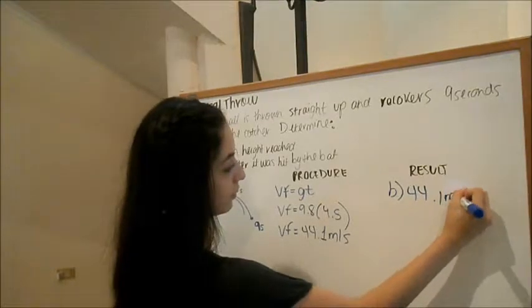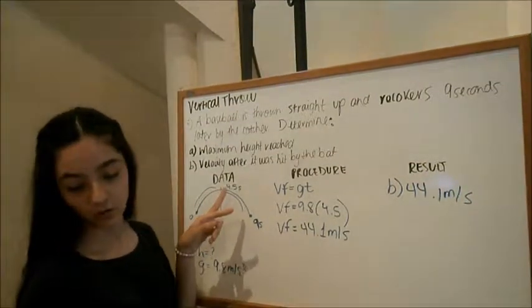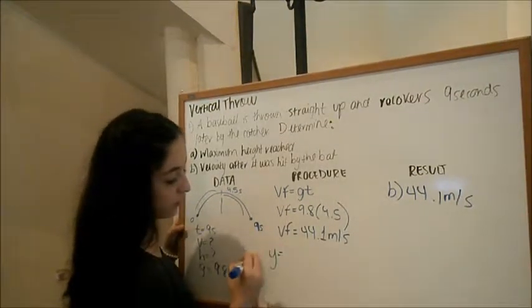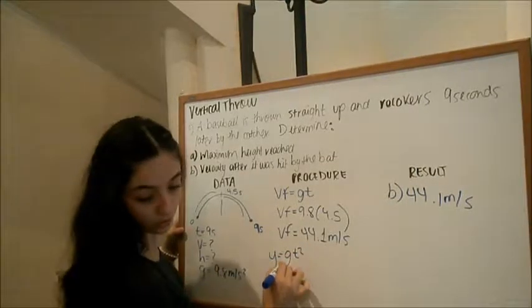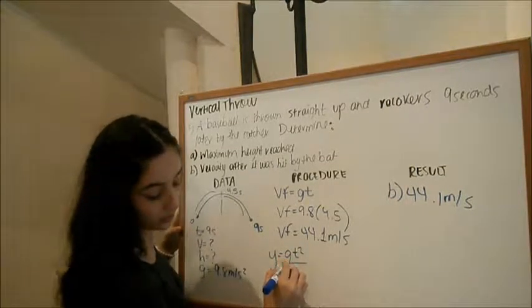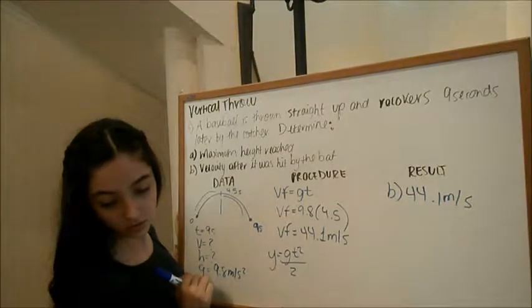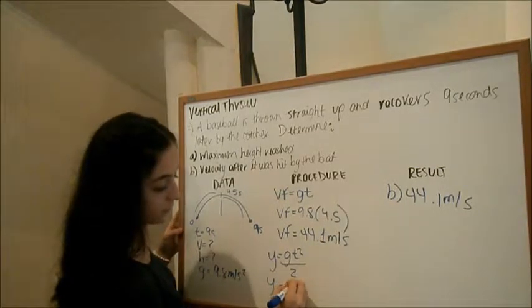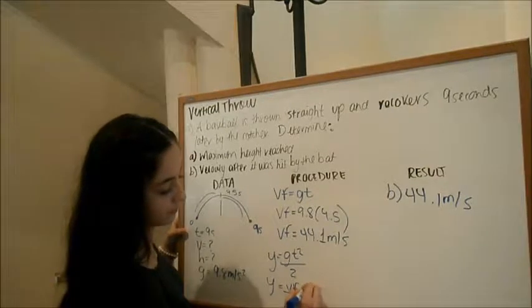That would be the letter B, 44.1 meters per second. Now, to get the height, we just want to follow the next formula, which is height equals gravity times time squared over 2, which would be final velocity over 2 times time.